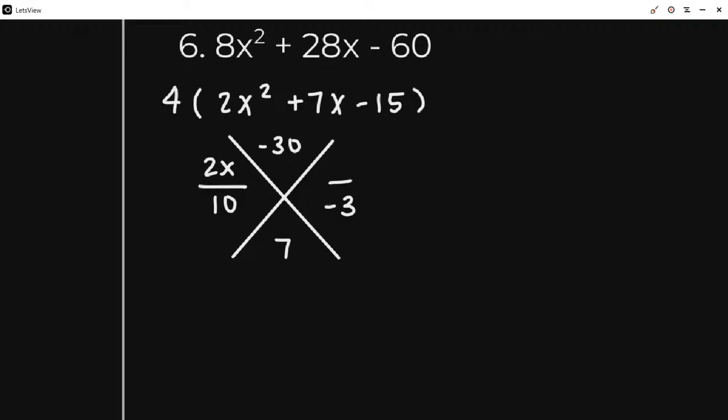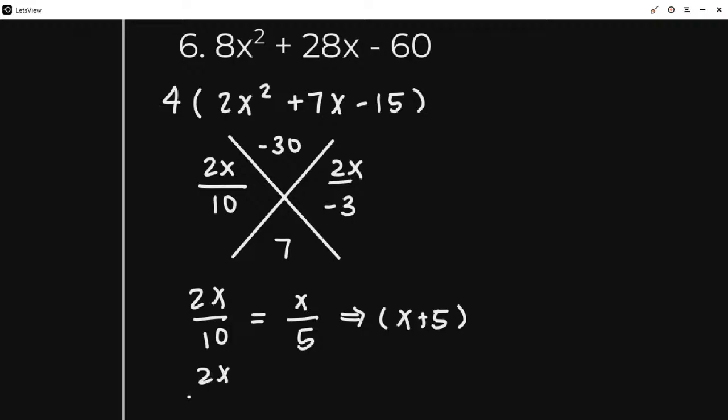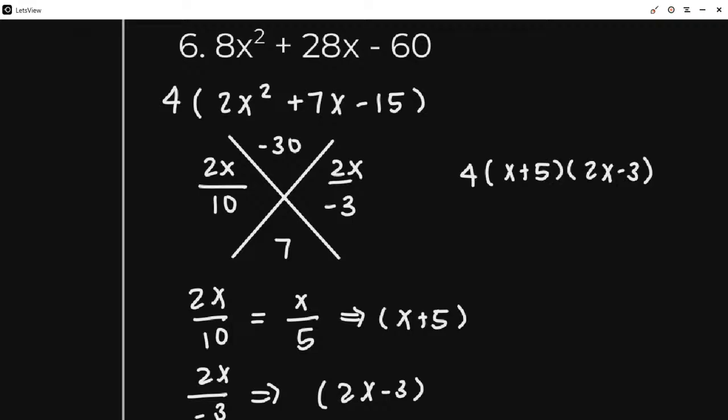We're going to write 2x on top. So 2x over 10 would simplify to x over 5. So that becomes x plus 5. And 2x over negative 3 doesn't simplify, so that just becomes 2x minus 3. So the final answer would be 4 times x plus 5 times 2x minus 3.